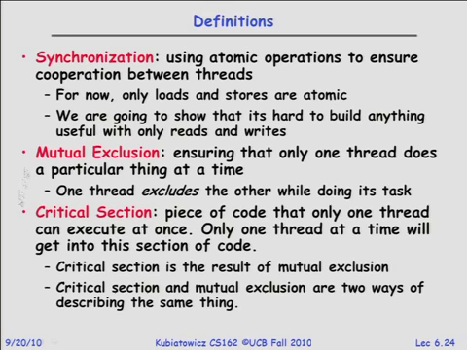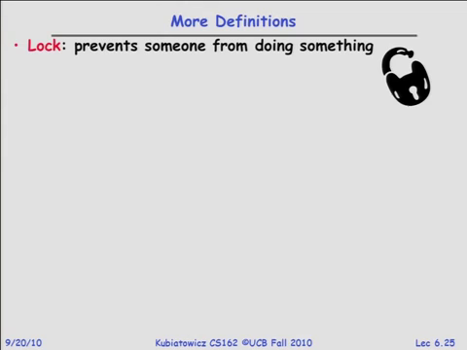Now, let's start with what's a lock. Hopefully everybody here knows what a lock is on a door. You've got a key, you open it up, you go into the door. What is it in software? Well, it's got the same idea. It's going to prevent someone from doing something, where now the someones are threads.